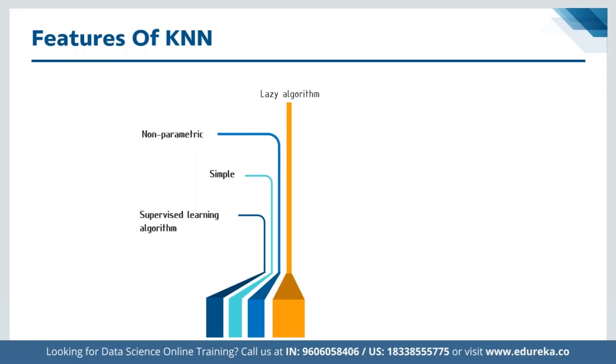It will calculate all the distances, and then check for the k data points which are nearest to this. So no calculations happen till the point you are actually trying to predict something. There is no training step involved.